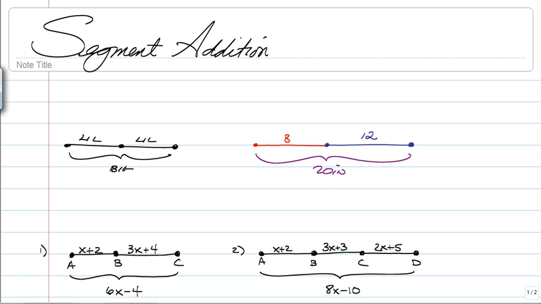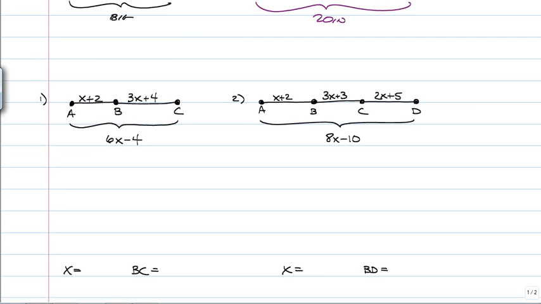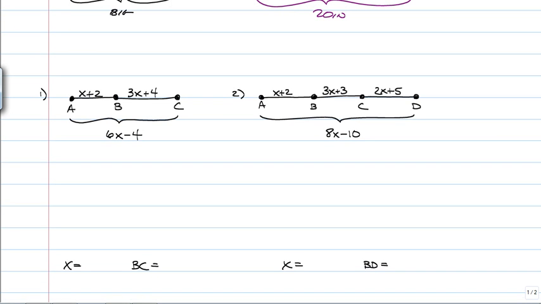So segment addition is we just take two or more little pieces and we put them together to make one big piece. That's what segment addition is. So for these examples right here, what we're going to do is use segment addition and algebra to create an equation and find x and the length of a missing piece.